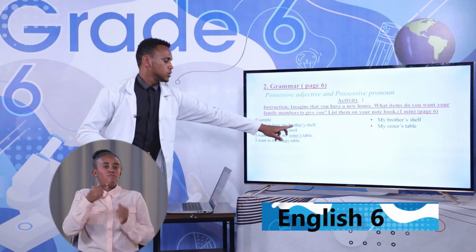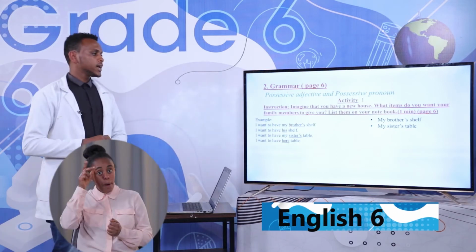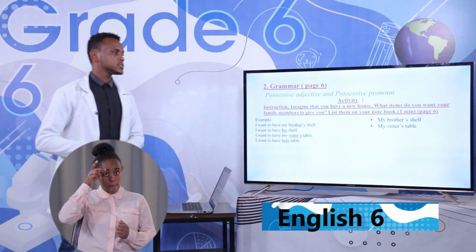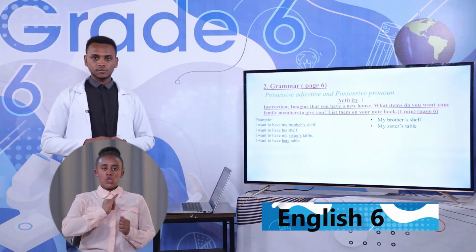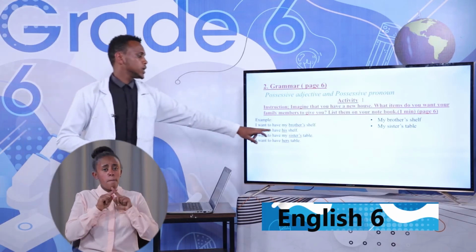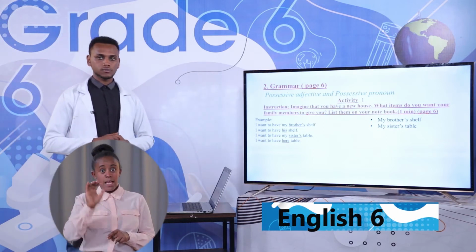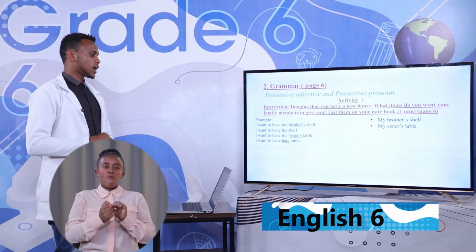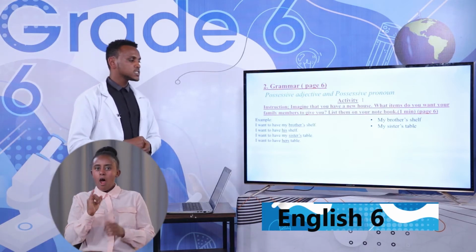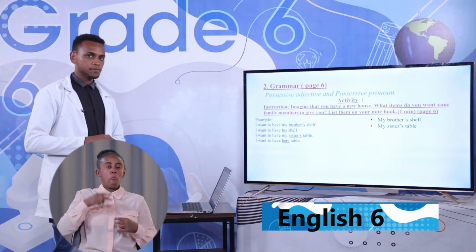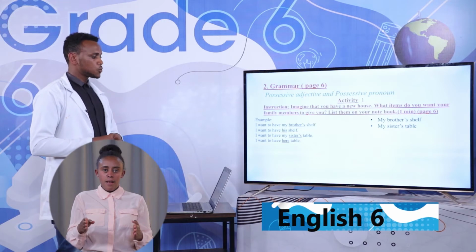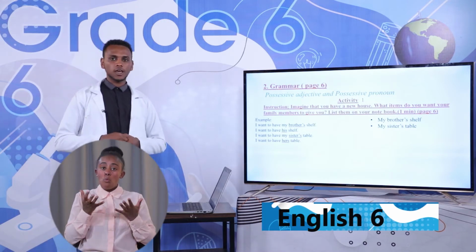So when you use brother's shelf, it is a possessive adjective, but when we use his here, it is a possessive pronoun. The other, I want to have my sister's table. In other words, I want to have her table.